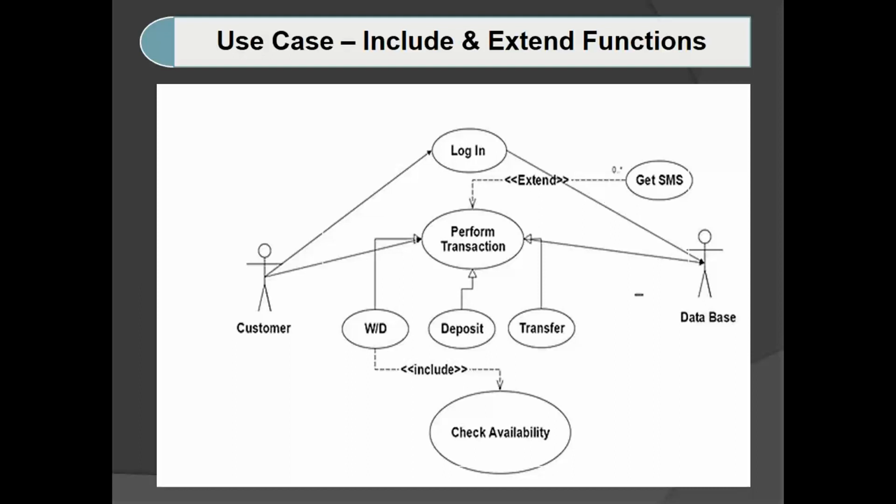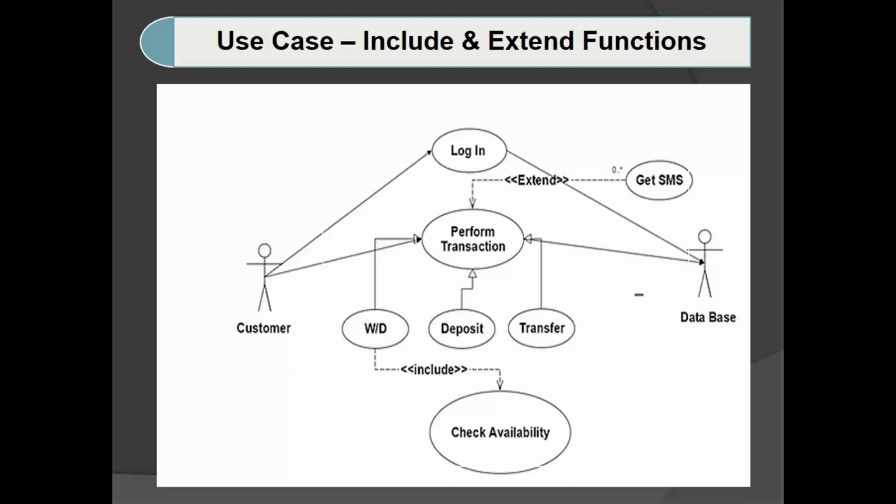Once you select the amount 2,000, inside the system it will trigger the check availability function. Again, the system starts checking. Available balance is 8,000. You made a request for 2,000. 8,000 minus 2,000 equals 6,000. So 6,000 is more than 5,000. So here the check availability include condition is getting satisfied. Then the system will allow you to withdraw money. So that is nothing but the include function.